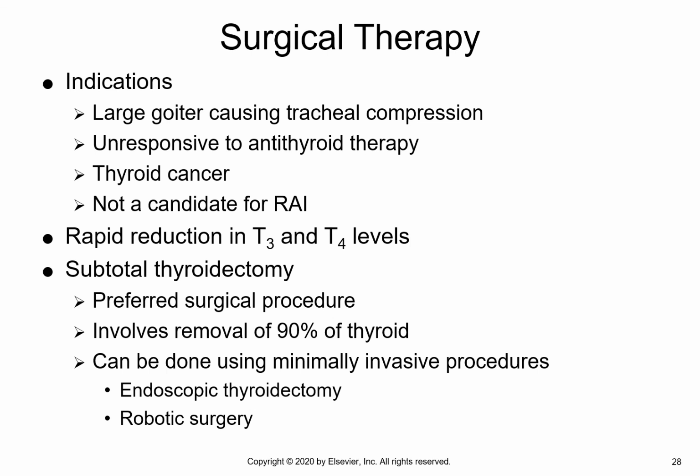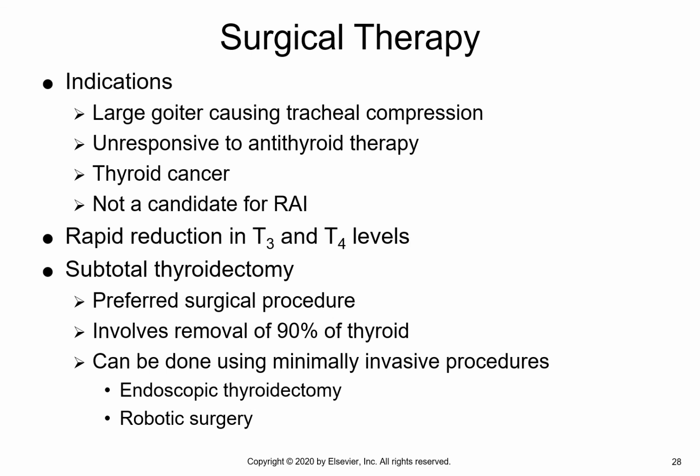A subtotal thyroidectomy is preferred for the surgical procedure. It involves removing a significant portion, about 90%, of the thyroid gland. Some patients may undergo minimally invasive endoscopic or robotic thyroidectomy. Endoscopic thyroidectomy is appropriate for patients with small nodules, less than 3 centimeters, and no evidence of cancer.